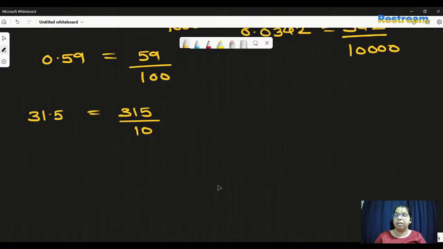Now, next one is fractions to decimals. Let's say I have 7 by 4. Now, what I have to do is I have to convert this 4 into 100 or 1000 or 10, something like that. So I know that if I multiply 4 by 25, my denominator is going to be 100.